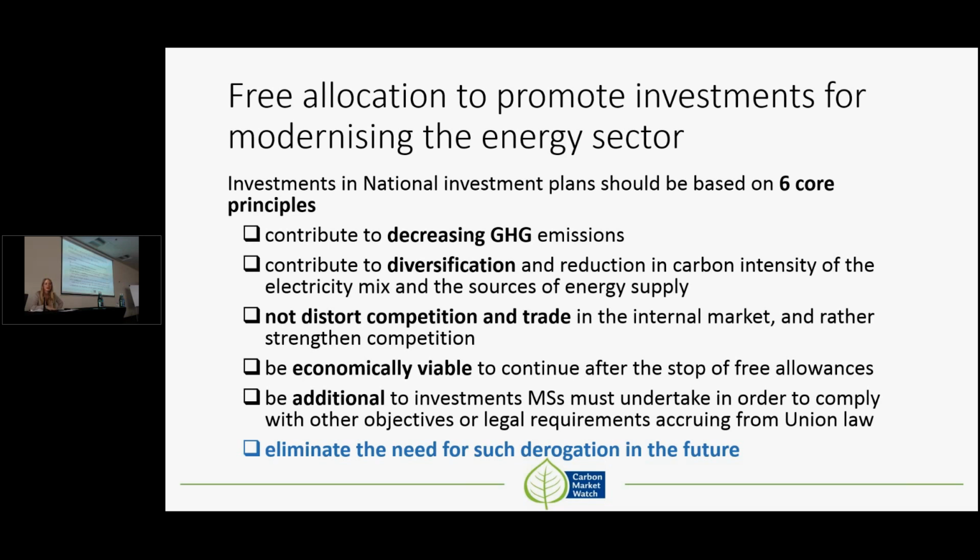And the issue is that in many countries, heating is co-generated by coal, and generated by coal. So this would mean there would be a lot of free allowances available to CHPs in this next period.